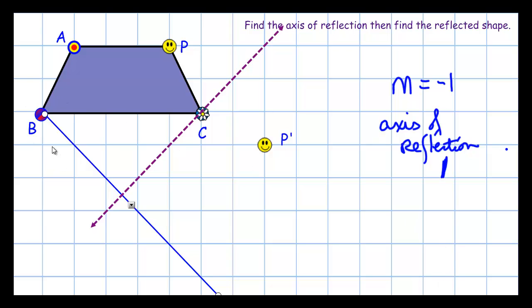it has to be perpendicular across the axis of reflection, and it looks like it's 1, 2, 2.5 diagonals across from there. So if I go 2.5 diagonals across, it looks like B prime is going to end up right there. We can see where C is. Let's do A next.